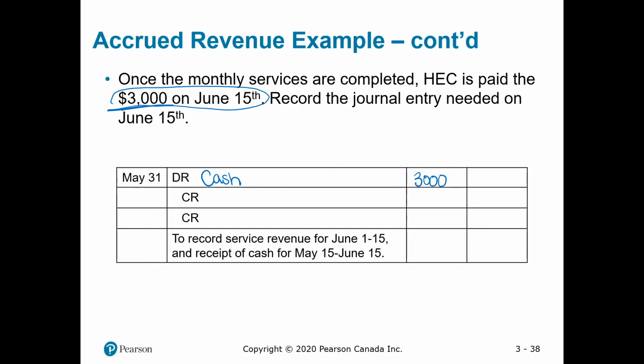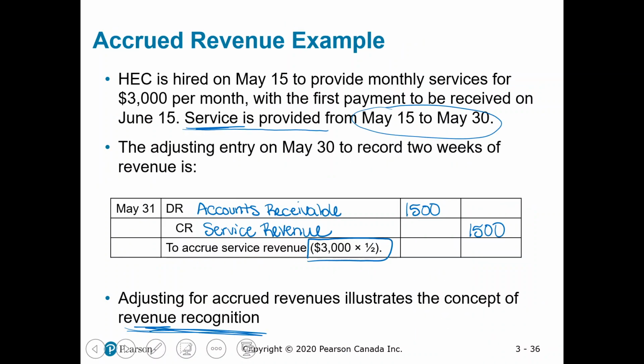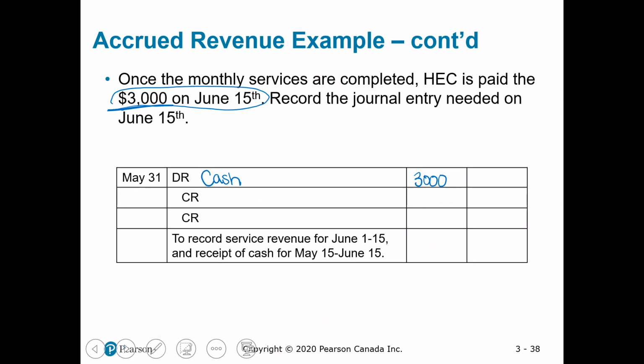This is what's important, that we have to think, okay, well, what has already been booked in our accrual? So we've already set up this AR for $1,500, and we've recorded half of the revenue. So the first thing that we need to do, now that we've received this cash, we have to decrease our accounts receivable. So we will credit that to get rid of that balance. We now have nothing left we need to receive because we've got the cash.